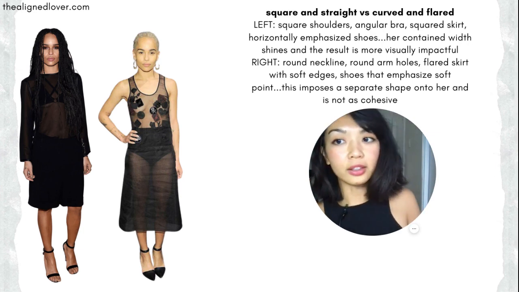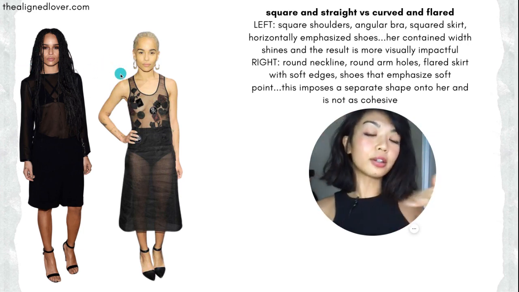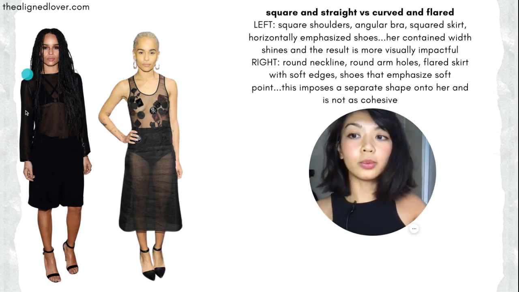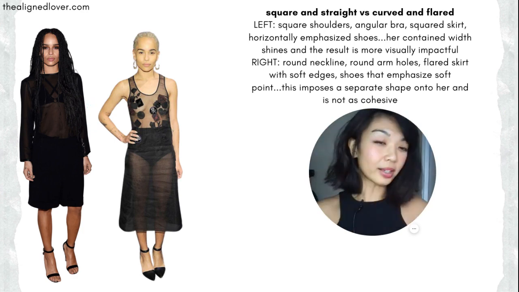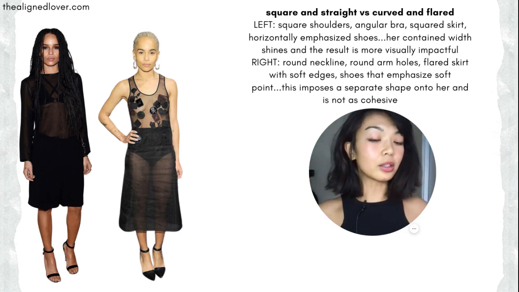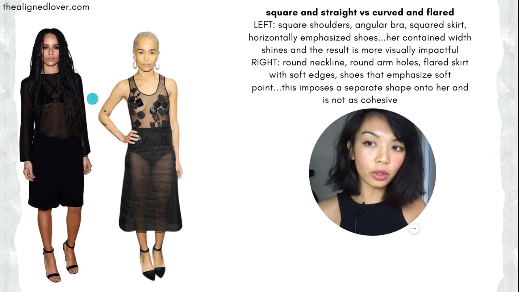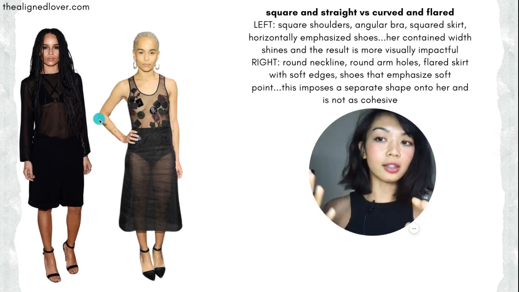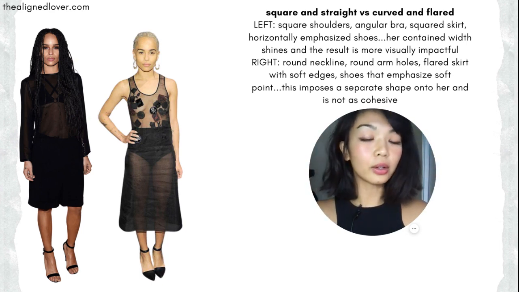So for the outfit on the left, we have this gorgeous shoulder line created by this higher neckline, and the shoulders just fit like a dream. We have these beautiful sleeves that create length, but a rectangular kind of shape to the arms, nothing too clingy and rounded. We have this beautiful angular bra showing through. The overall shape of this dress is close to the body, but it's not trying to create a corset effect.